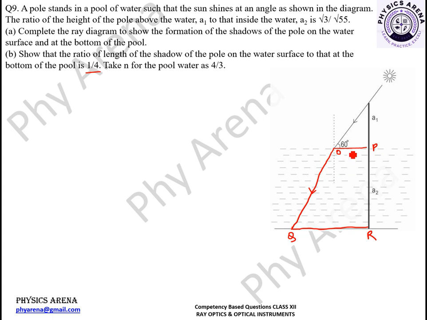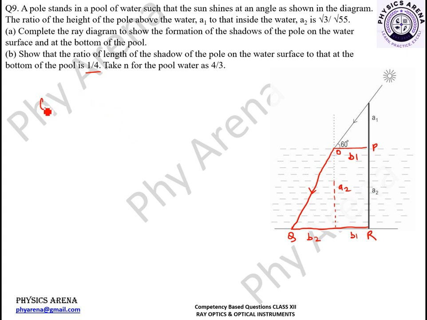So let me give names to these lengths. OP can be denoted as B1, and if I take this normal all the way down to the bottom of the pool, this will again be B1, and this I have denoted as B2, and this length will be A2.